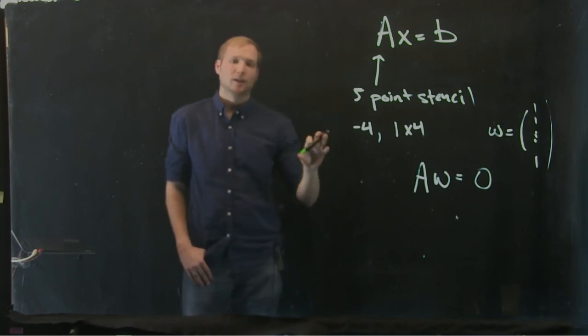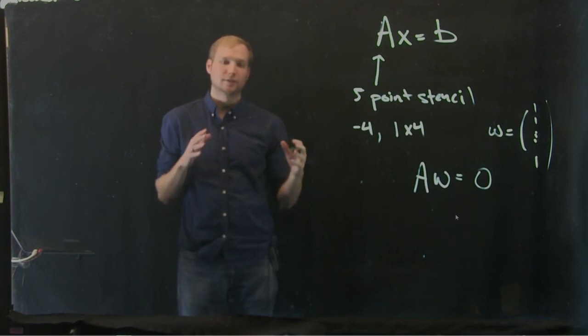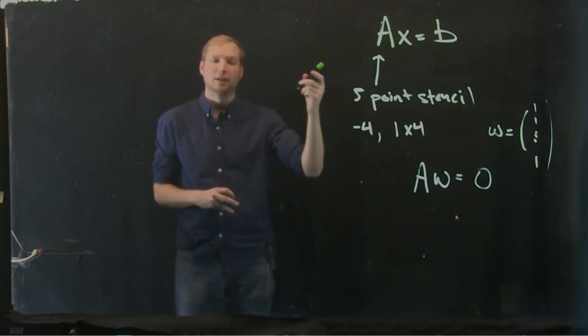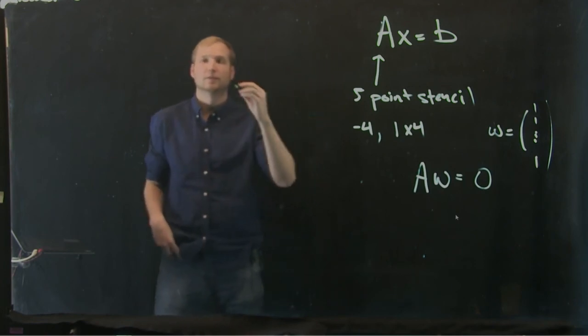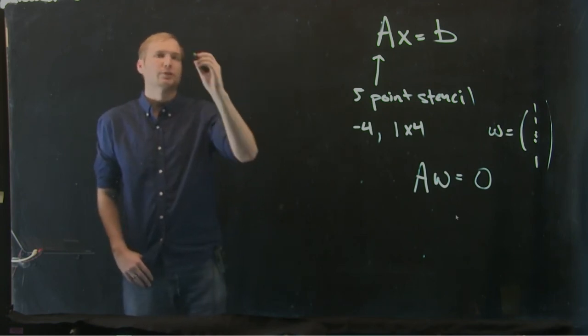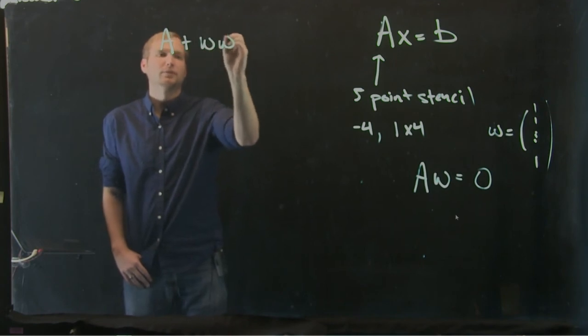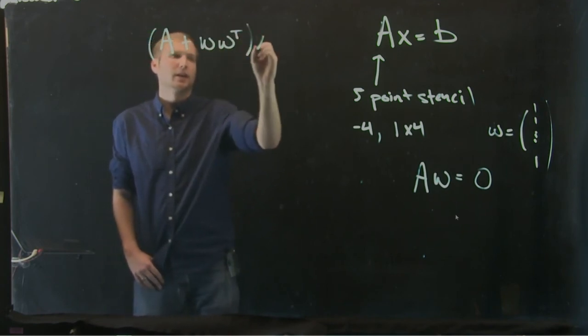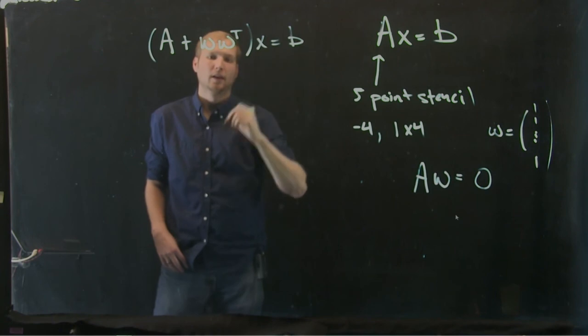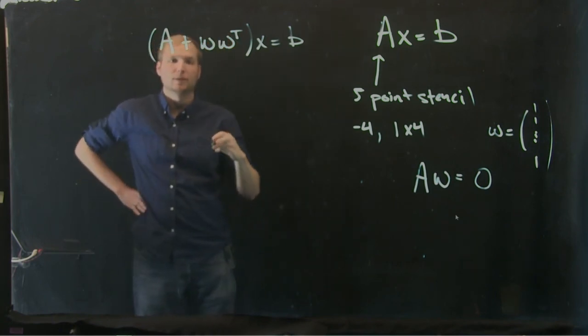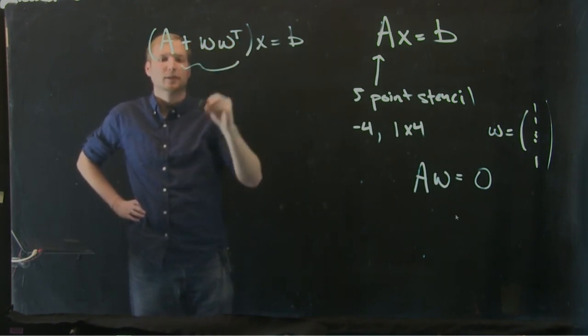In the homework, I have you figure out the steps required to be able to invert a system like this. So in the homework, you show that A plus w w transpose, x equals b, right, this system is invertible.